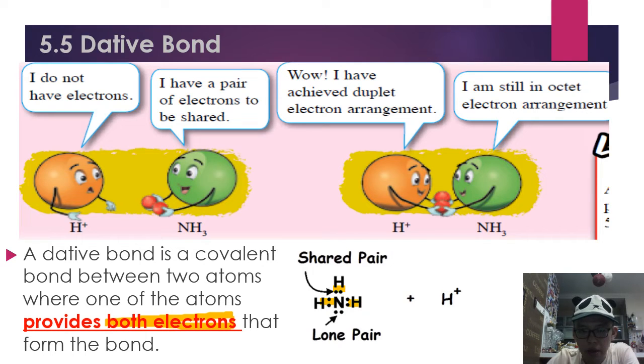Here we have the lone pair, so without sharing. Now when one hydrogen ion comes to the ammonia molecule, this lone pair will be shared with the hydrogen ion. So this bond we call a dative bond is forming.